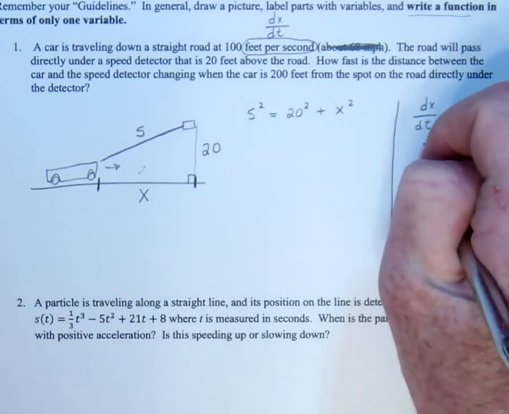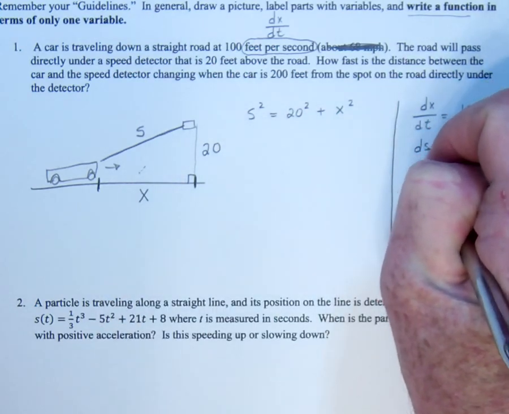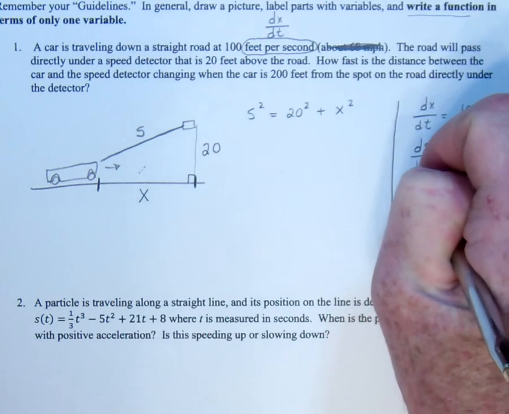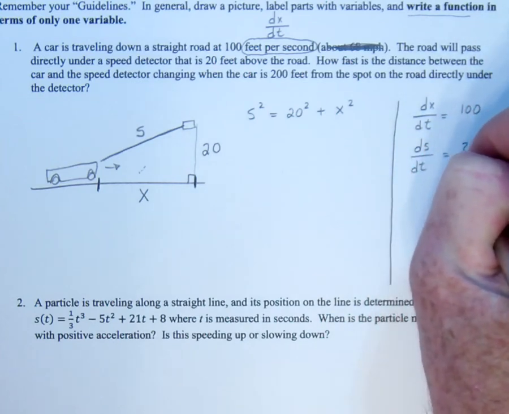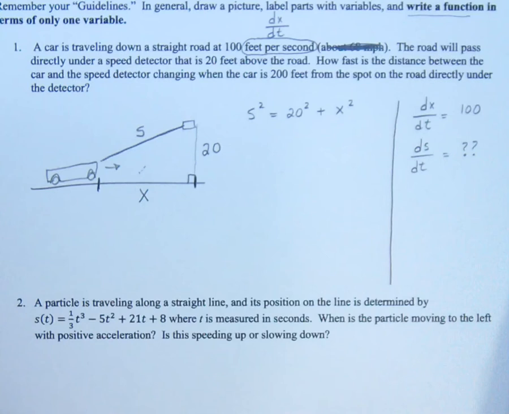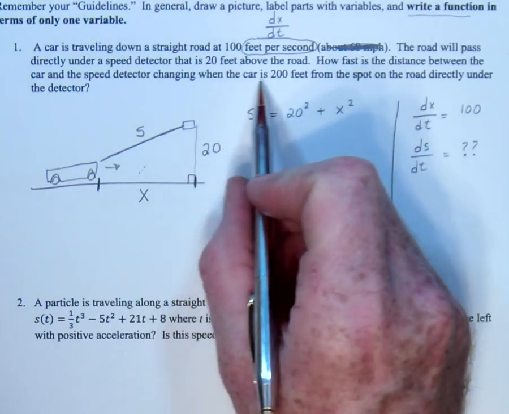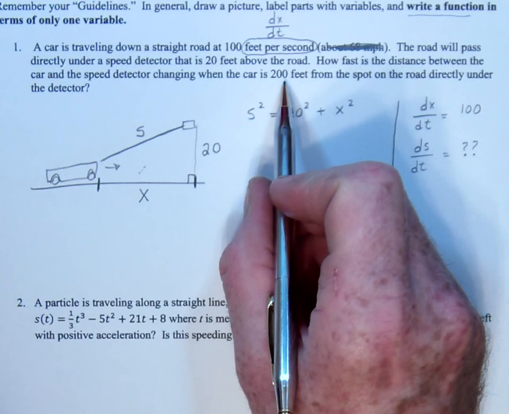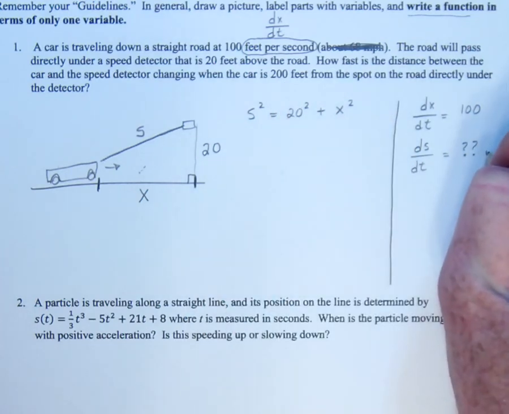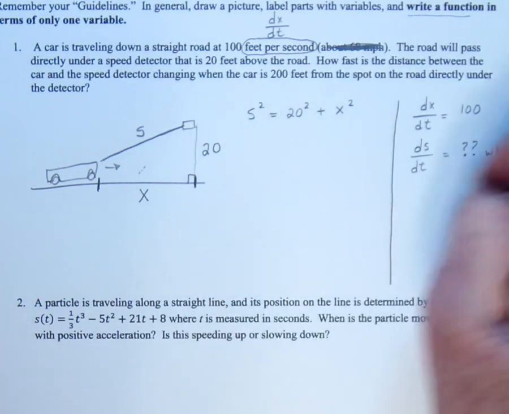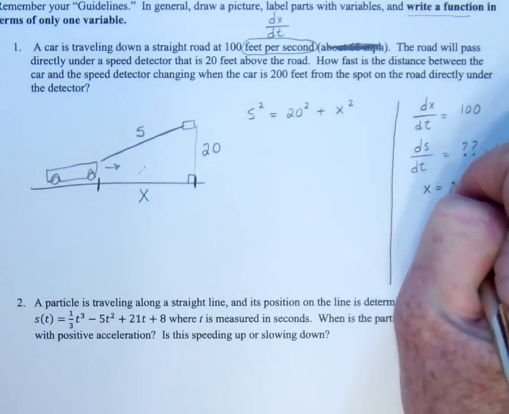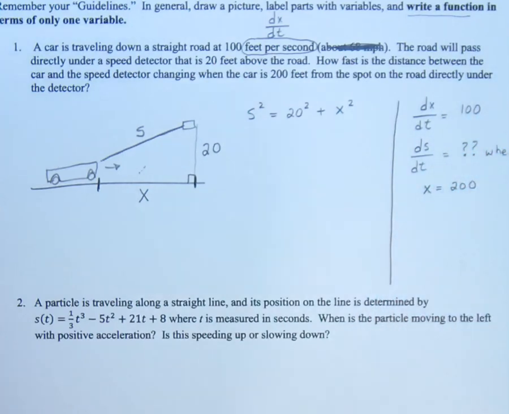So we would have ds dt is what? That's what we're supposed to find. Next up, when the car is 200 feet from the spot. So they're saying find the derivative when x is equal to 200 feet.